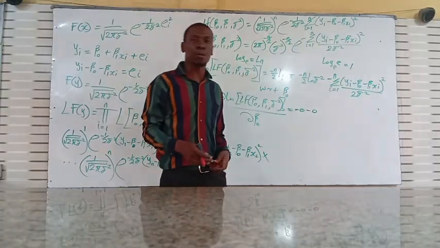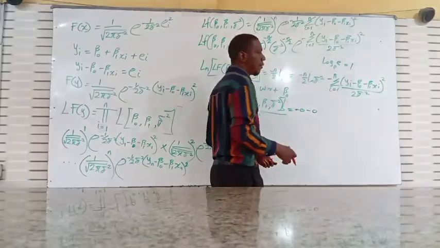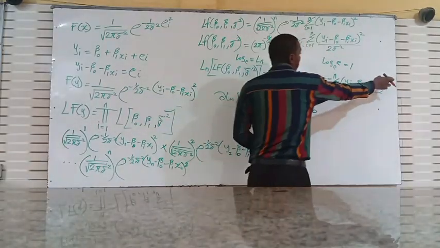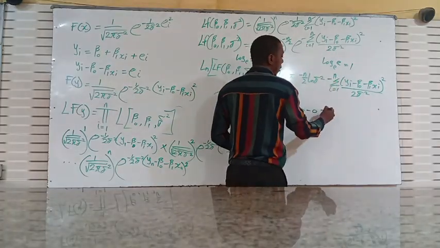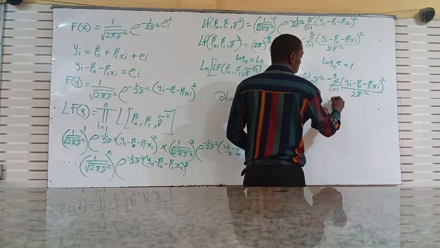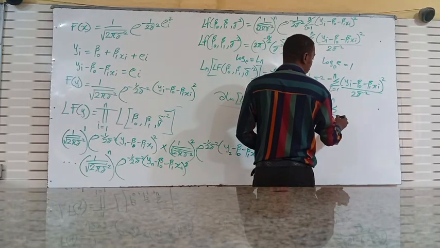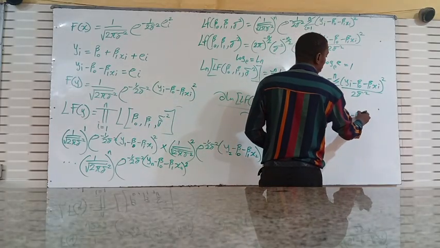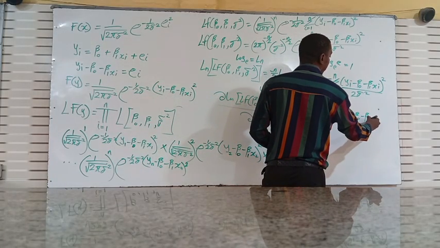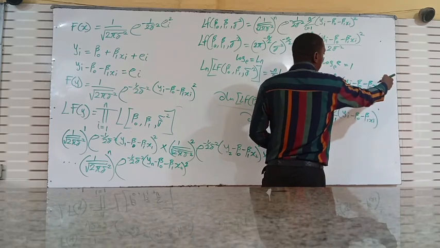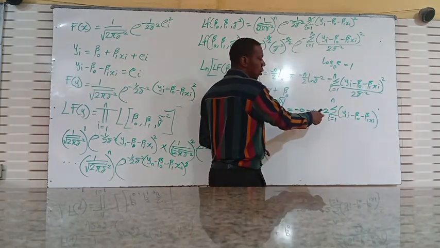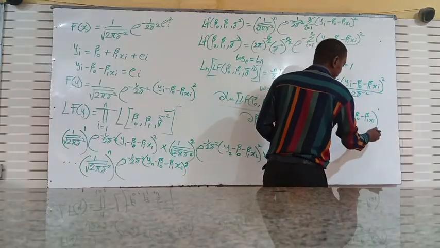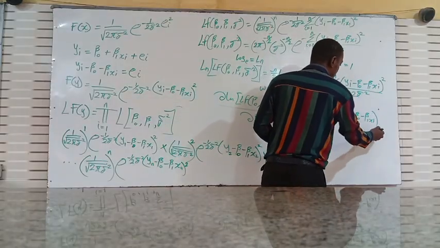Now, what I have here is a power. This we call function of function, differentiation by function of function. Though, we can still do it this way. Watch. The power comes down to multiply here. I'm having minus 2, sum of i from 1 to n. Remember that 2 times the invisible minus 1 gives minus 2. You subtract 1 from the power and you are left with power of 1.